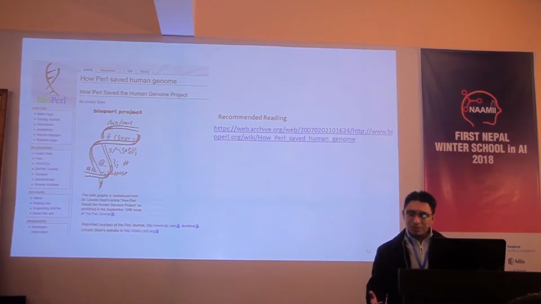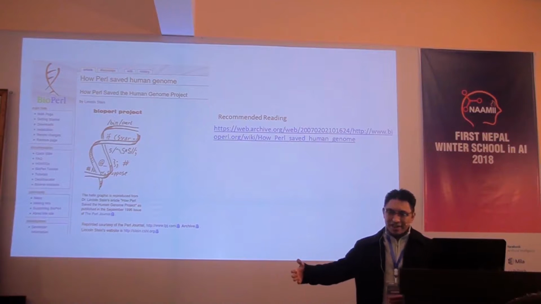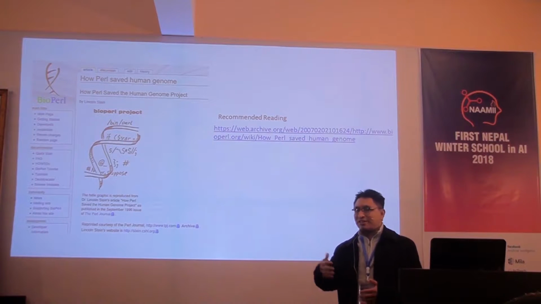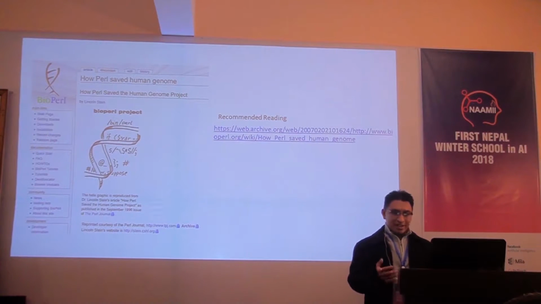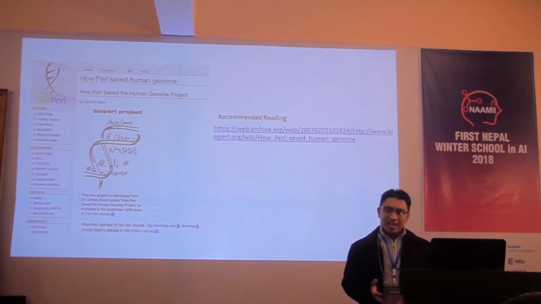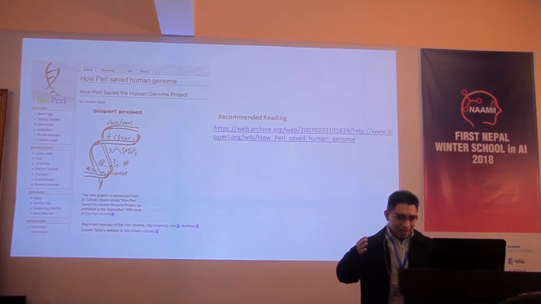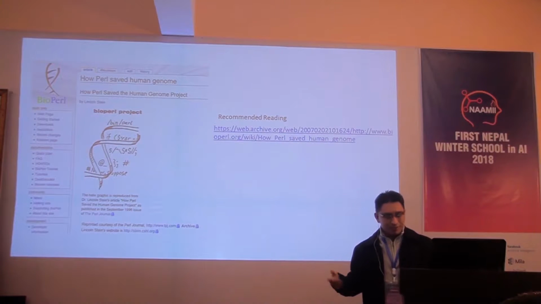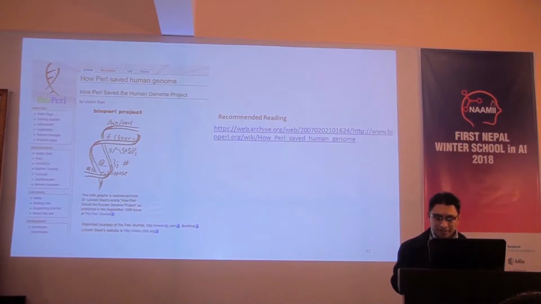And the Human Genome Project was estimated to be completed in about 30 years. But with the help of computer power, that really helped shrink the time of the project to about half, and also reduced the cost tremendously.